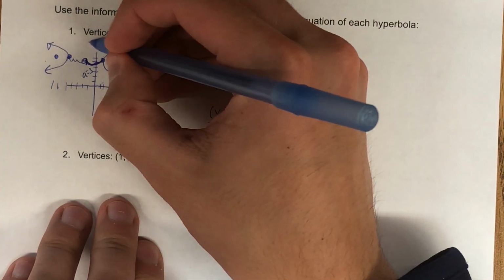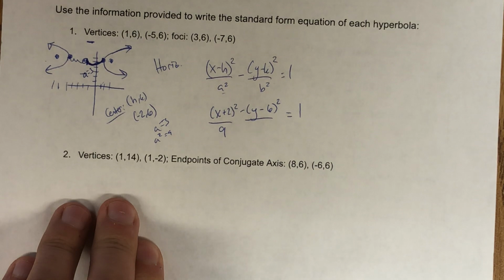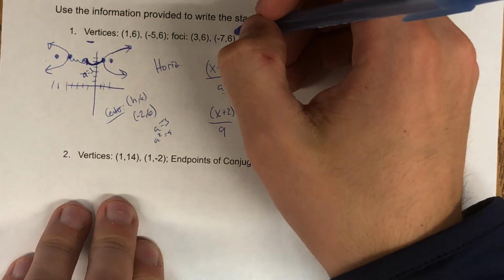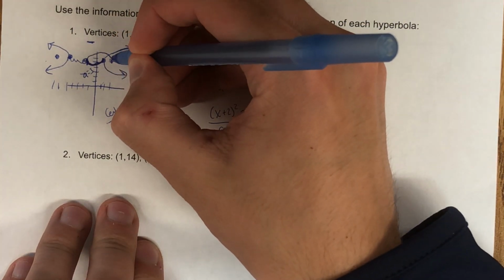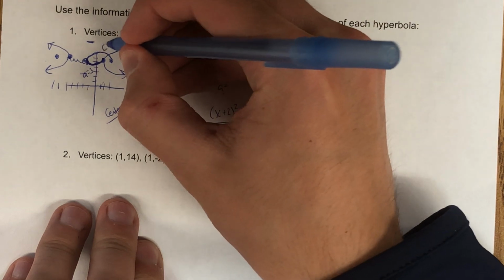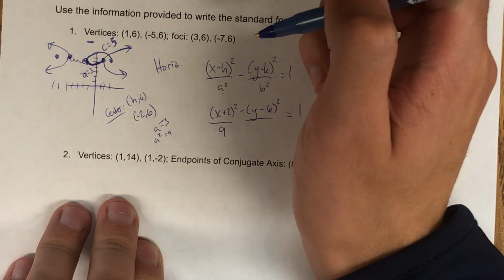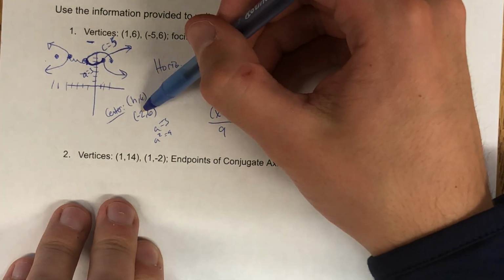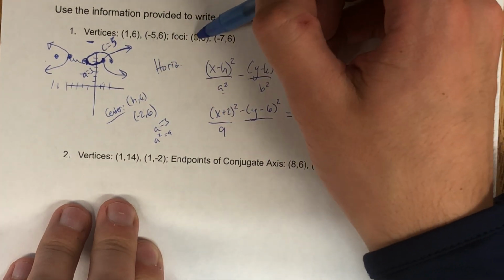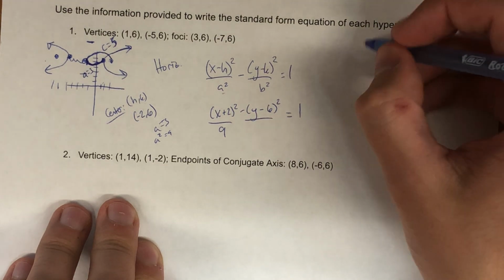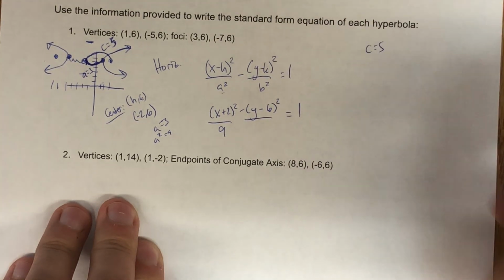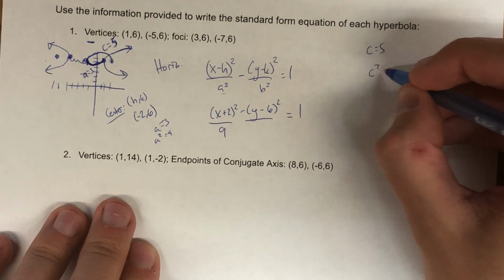We don't have our co-vertices, which would tell us our b value, but we do have our foci. The distance from your center to a focal point is c, and this distance is 5, going from negative 2 to 3. So if c is 5, then c squared is 25.